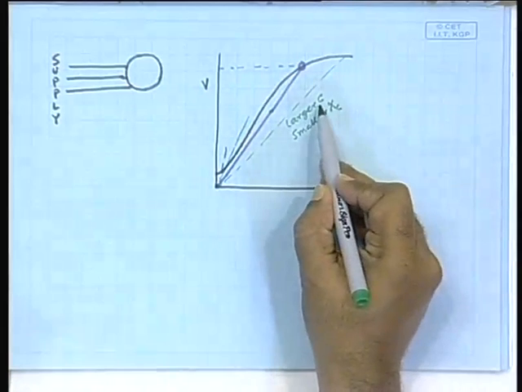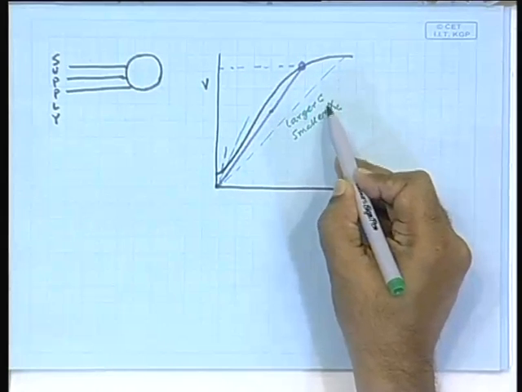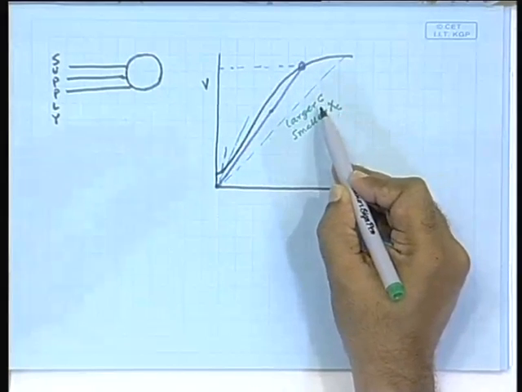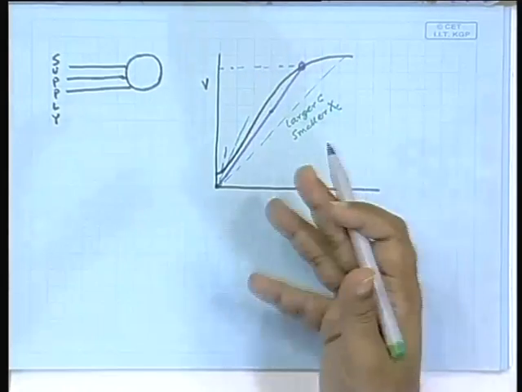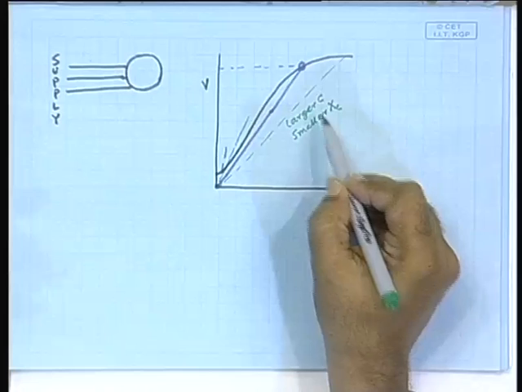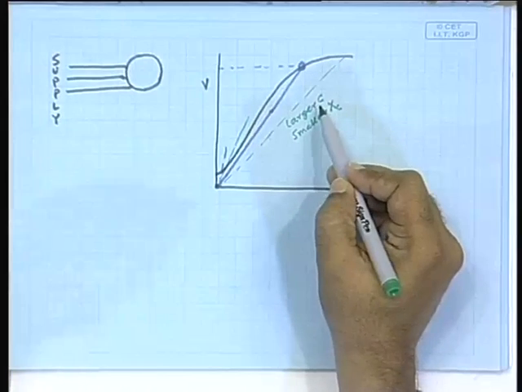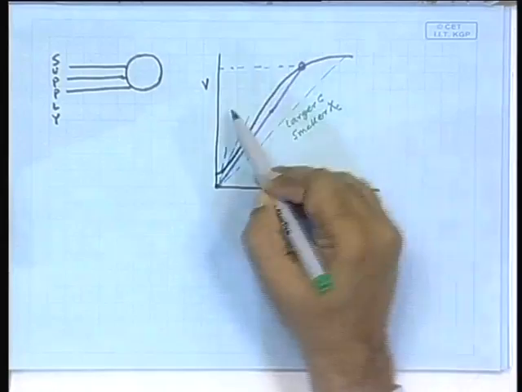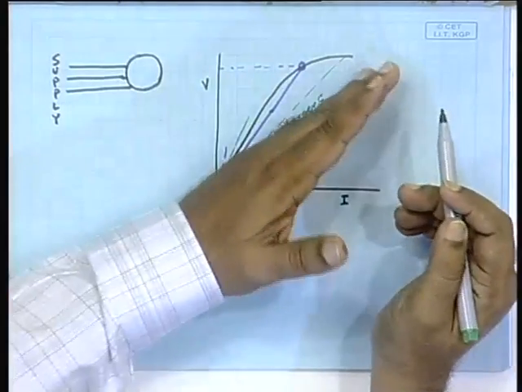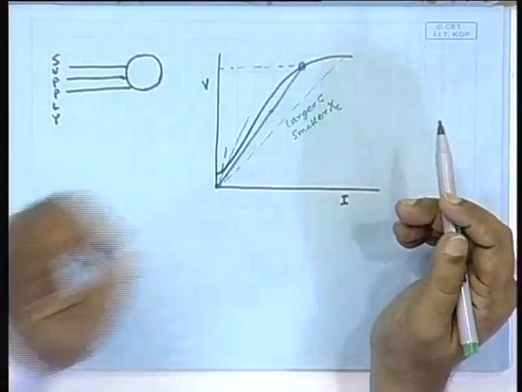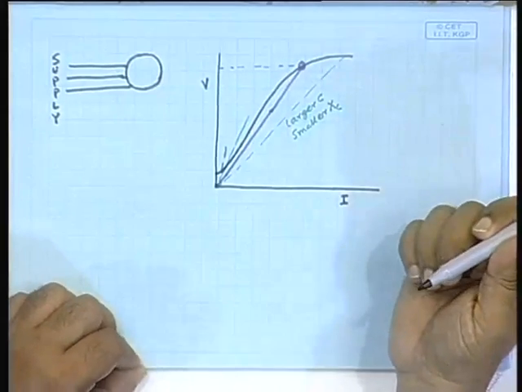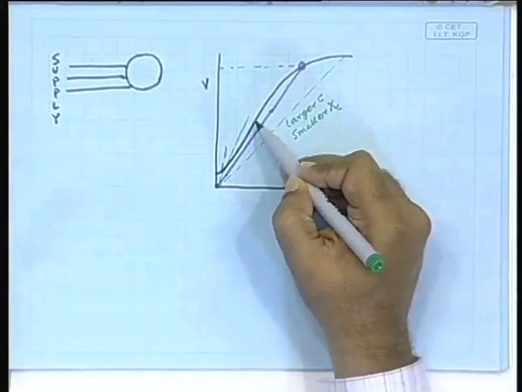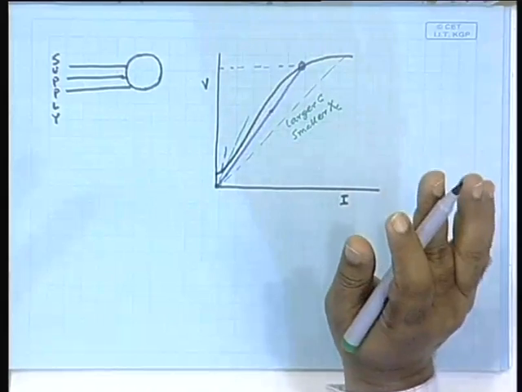Because ultimately what matters is the Xc. Xc is 1 by j omega c. So, c larger means smaller Xc, and also omega larger means a smaller Xc. So, this capacitor line will keep moving depending on the value of c and depending on the value of speed. So, only beyond a certain value it will self excite.